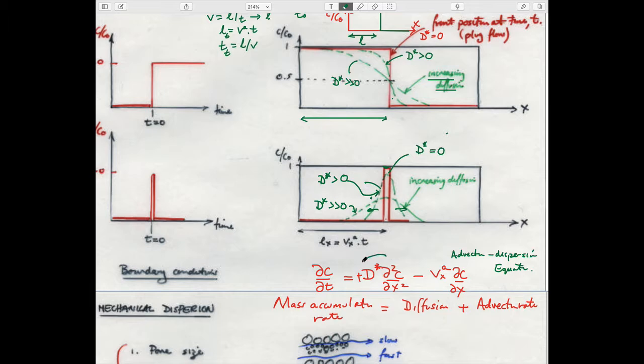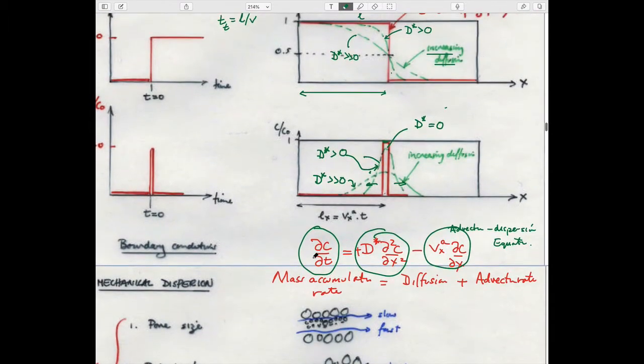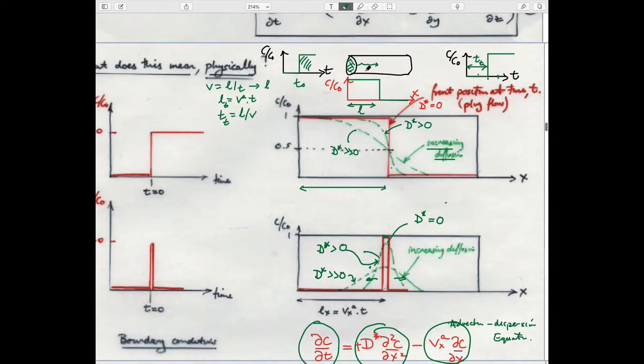One term represents diffusion, one term represents advection, and the other term represents rates of accumulation. And we can use them to figure out exactly what these concentration distributions look like in an aquifer, which is what this is, and we can also use them to figure out exactly when it arrives and in what concentration it would arrive.